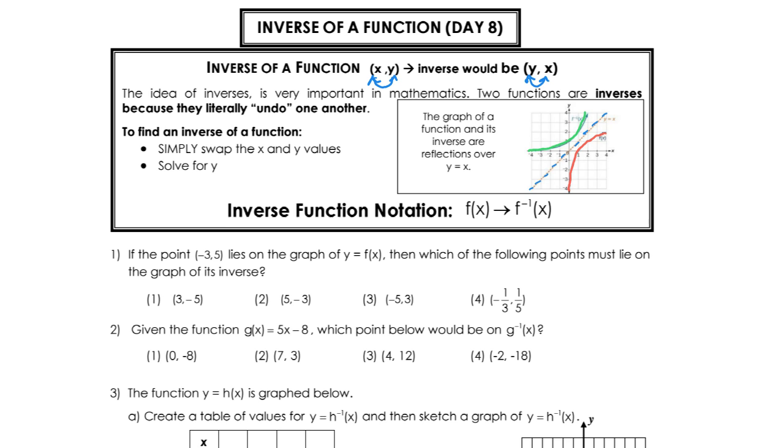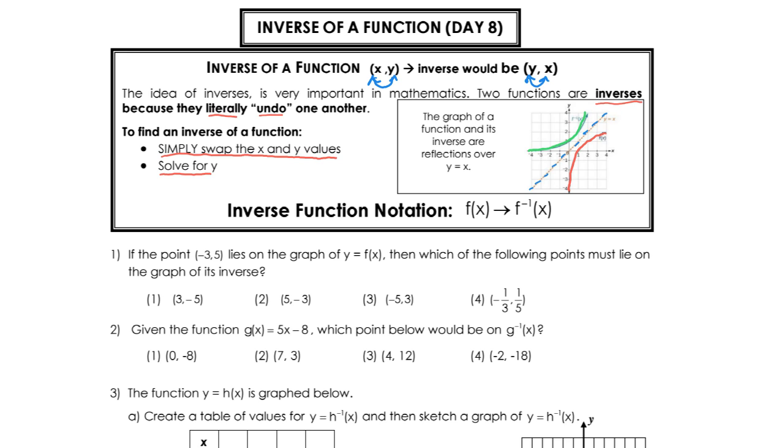The idea of inverses is very important in math. Two functions are inverses because they literally undo each other. To find an inverse of a function, you simply swap the x and the y values. And if it isn't an equation, once you swap x and y, then you have to put it back into y equals form.